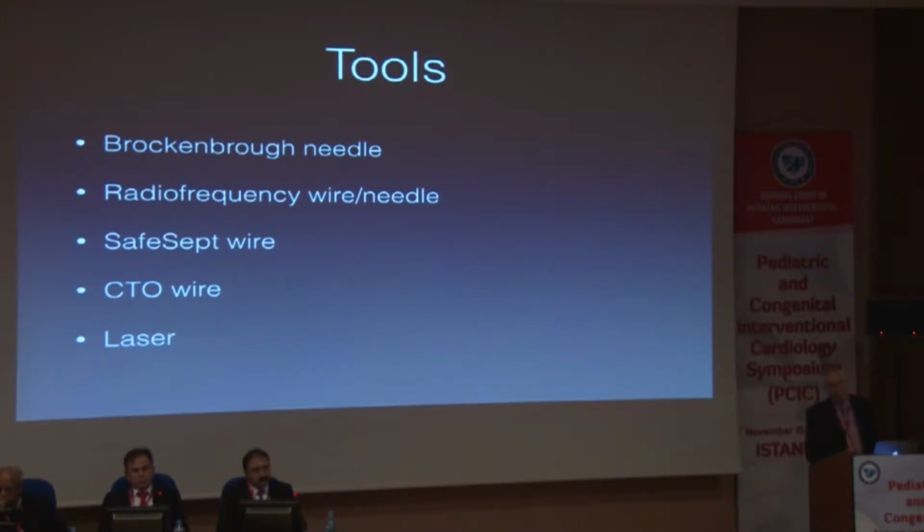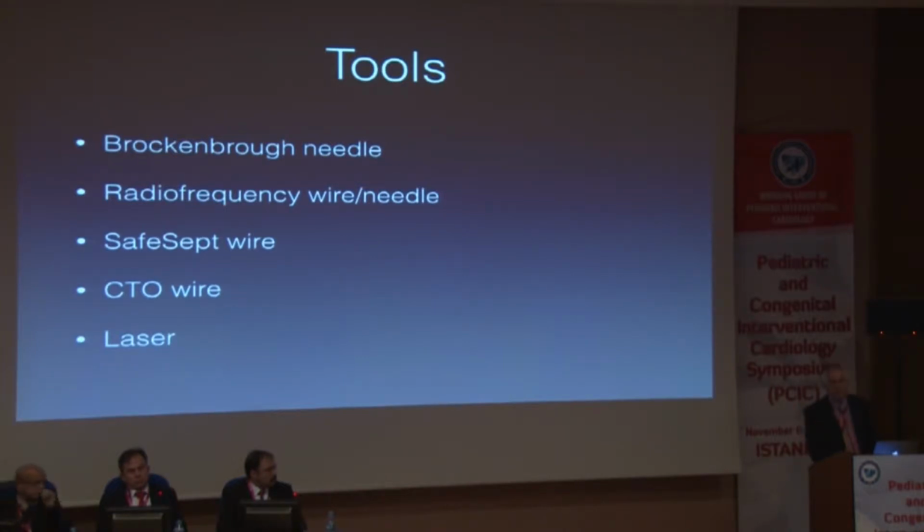The other thing is, as you all know, the aortic root is very close to the atrial septum, so you don't want to perforate the aorta with a radiofrequency wire. There is another wire, which is the SafeSept wire, which is again designed to cross the atrial septum, but in a kind of safe way.